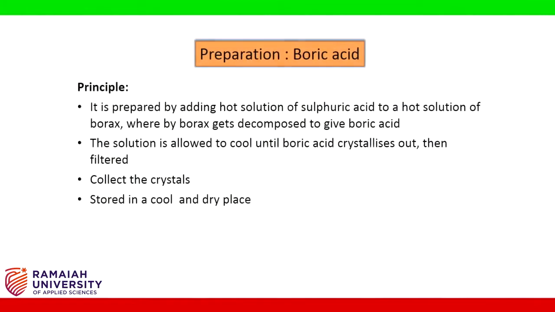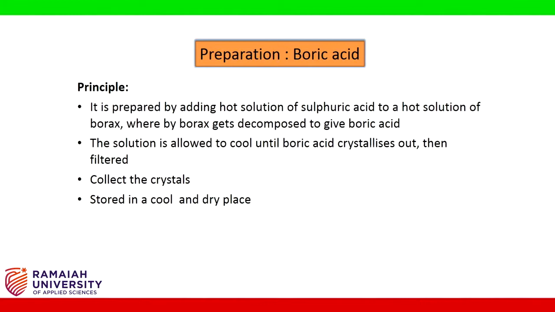The principle involved in the preparation of boric acid is that it is prepared by adding a hot solution of sulfuric acid to a hot solution of borax, whereby borax gets decomposed to boric acid. The solution is allowed to cool until boric acid crystallizes out.